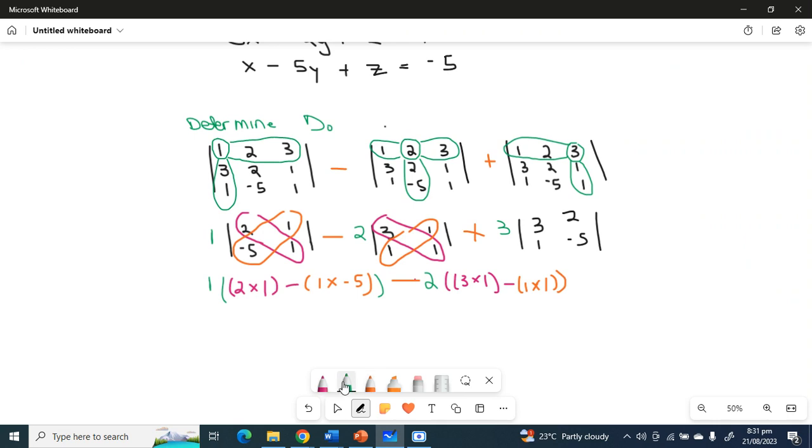We go to our next matrix, so we say plus 3 here. We go to our final matrix, our leading diagonal, 3 times -5, minus 2 times 1. Are there any questions here? This is what you do next.